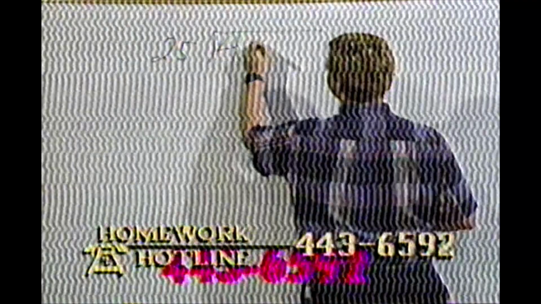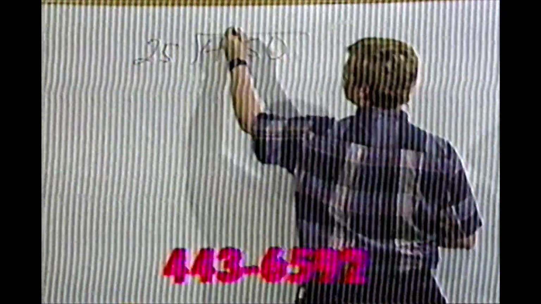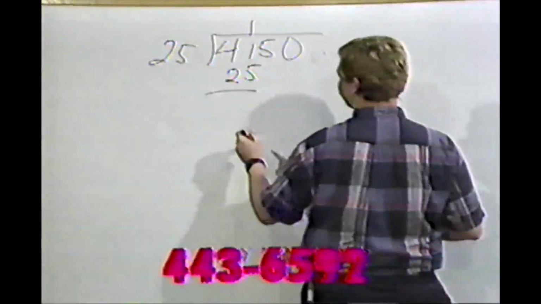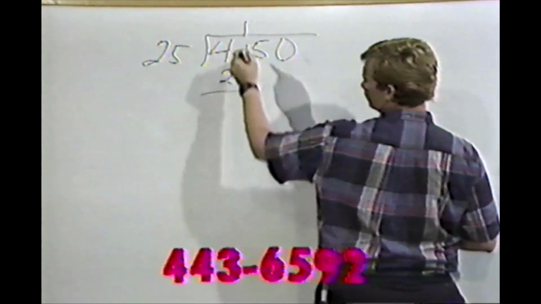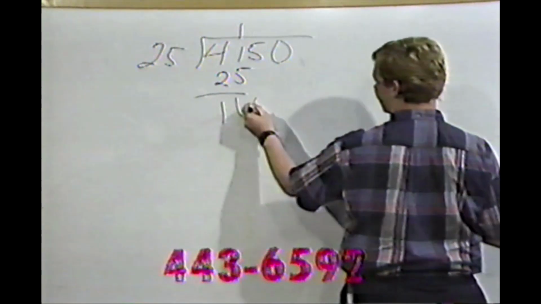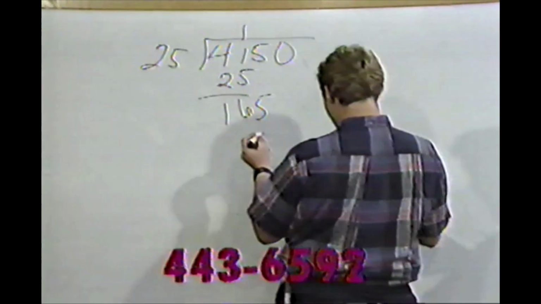25 into 4,150. First, 25 will go into 41 one time. And 5 from 11 is 6, and 2 from 1 is 1. Then you bring down the 5. 25 will go into 165 6 times.